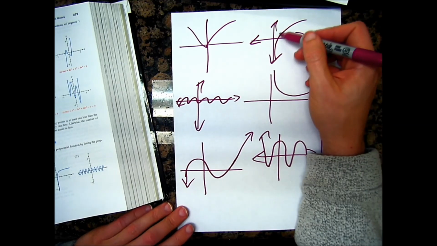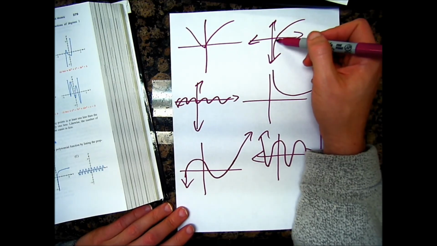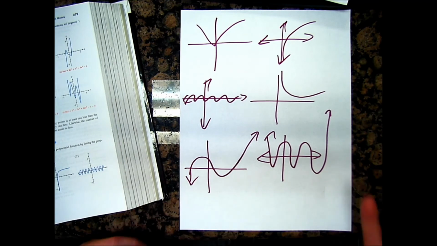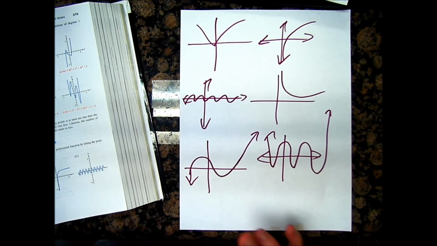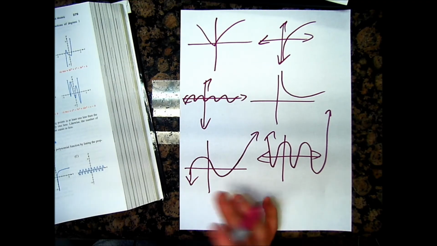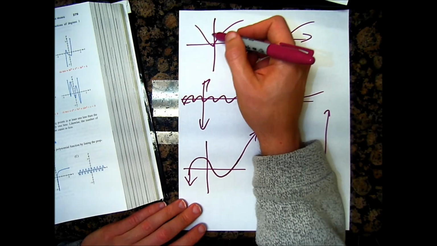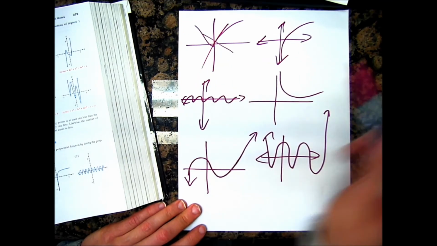So this is not a polynomial, and also it has no sharp or turning points. There's a lot of properties of polynomials. It's continuous. It has no sharp points, so that's why this one's ruled out. It has a sharp point right there.